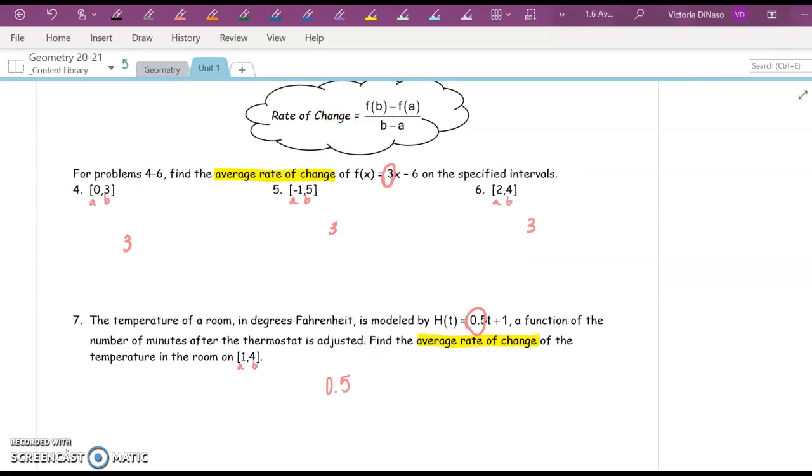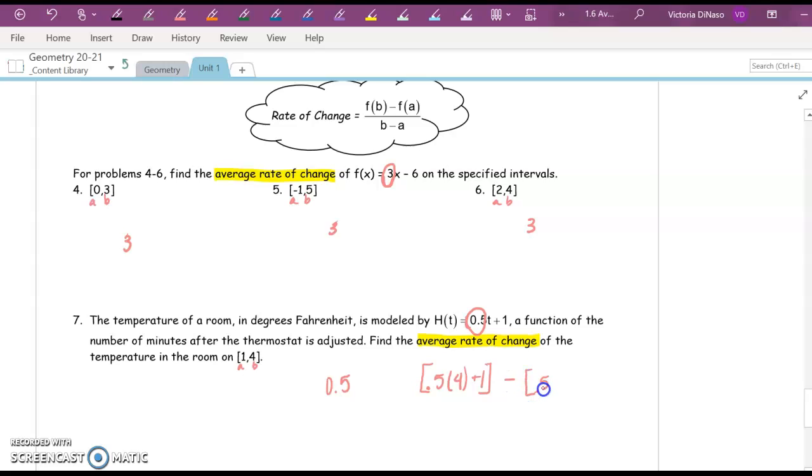For numbers 4, 5, 6, and 7, we were given these equations in slope-intercept form. If you were not given the equation in slope-intercept form, we would have to use this rate of change formula up at the very top. So what we'd have to do is 0.5 times 4 plus 1, minus, and then we do it again.